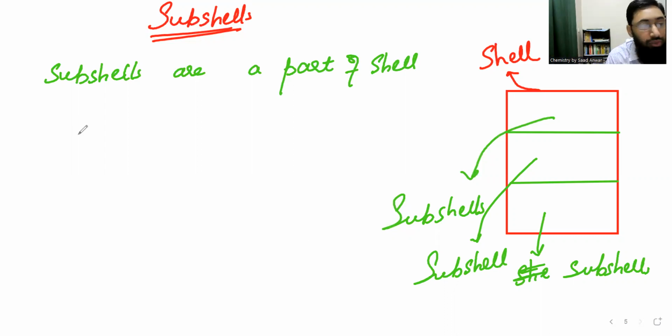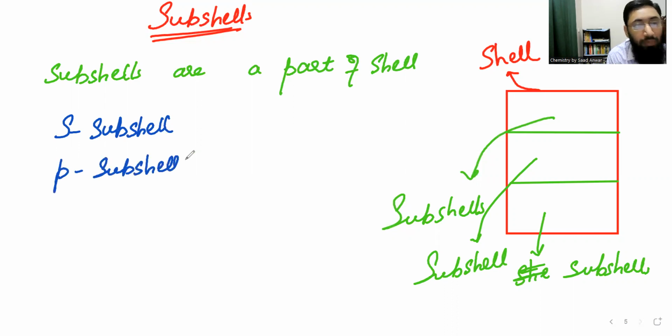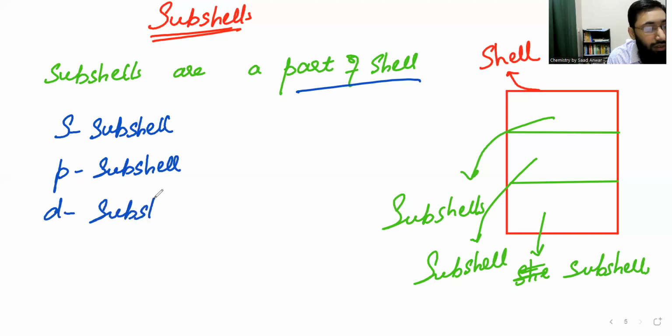There are a few subshells, like the S subshell, then the P subshell. What is a subshell? A subshell is a part of a shell. What is a shell? A shell is a circular path, a circular orbit in which electrons revolve. Then the D subshell, then we have the F subshell.